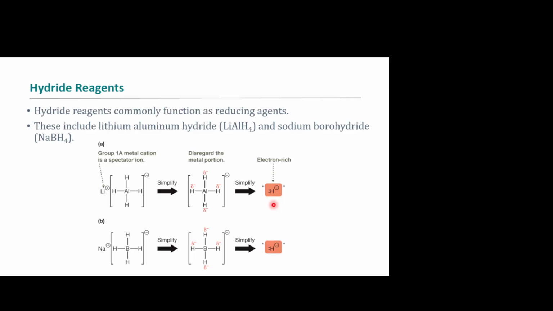This is kind of like when we talked about acid-base solutions and we write out H+. We don't actually have H+. We have H3O+, right? It's the same thing. Okay? And so we're going to write it as H- with a plus. That's your electron-rich portion. This is that borohydride, by the way.